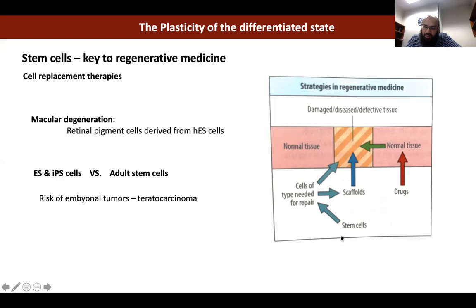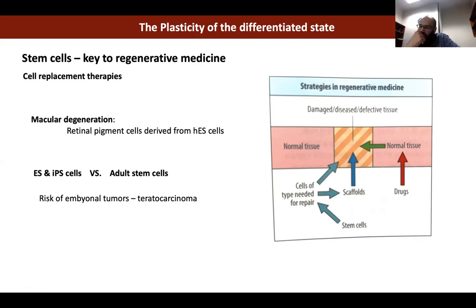On the other hand, you can also take stem cells or generate embryonic stem cells either by somatic cell nuclear transfer, or by cell fusion, or by inducing pluripotency into the somatic cells. And then you differentiate them into this particular cell type and then replace this tissue.